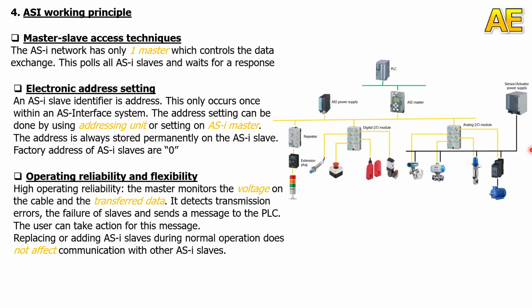From that, the user can take action on this message. In case we replace or add AS-i slaves during normal operation, it will not affect the communication with other AS-i slaves.